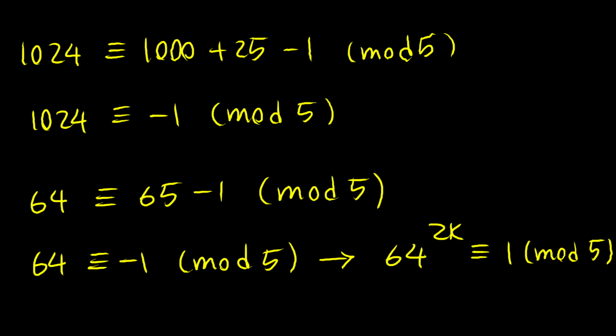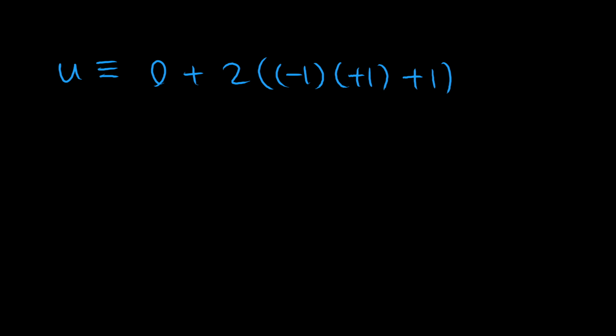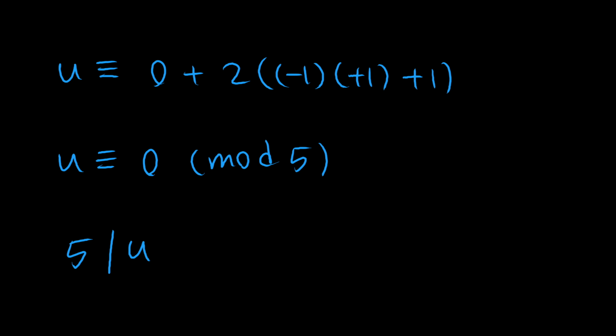Therefore, I can go ahead and say that u is congruent to 0 plus 2 times negative 1 times positive 1 plus 1, which means that u is congruent to 0 plus 2 times 0, which is 0 mod 5. So that indicates that 5 divides u, which means that in this case, u is composite.